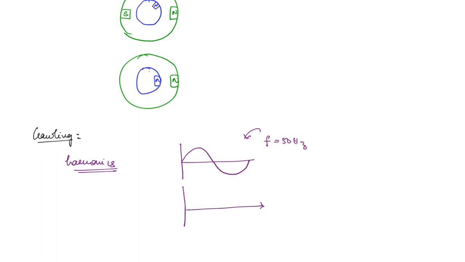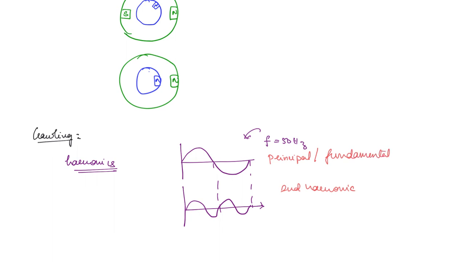The second harmonic will complete 2 cycles in the time the fundamental completes one single cycle. That means it is going to be like this, so 2 cycles are being completed. So this is the second harmonic. What do we call the first one? It is called the principal or the fundamental harmonic.